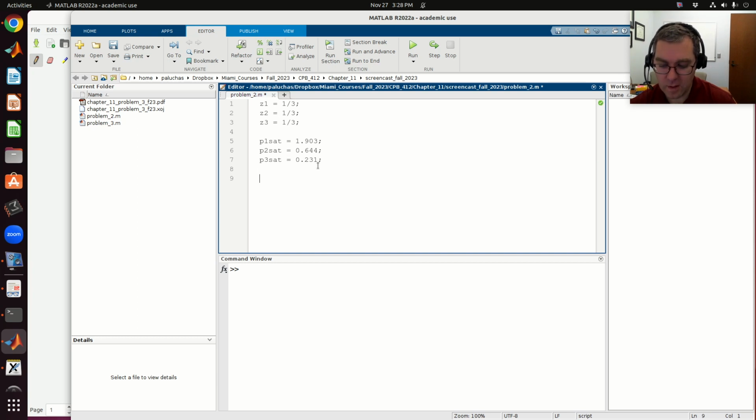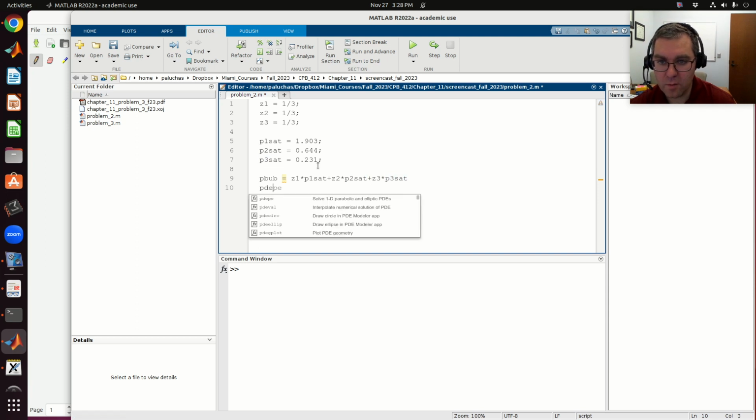Cool. So then to calculate P bubble, P bubble is just z1 times P1 sat plus z2 times P2 sat plus z3 times P3 sat. And P dew is equal to, well, I don't want to use brackets. Brackets aren't allowed.